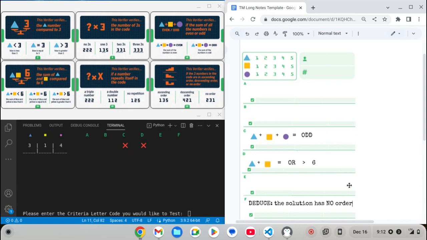So we can deduce then that, from criteria card E, the solution has no repetitions. Okay, so then we are uniquely looking for all distinct digits that have no order.